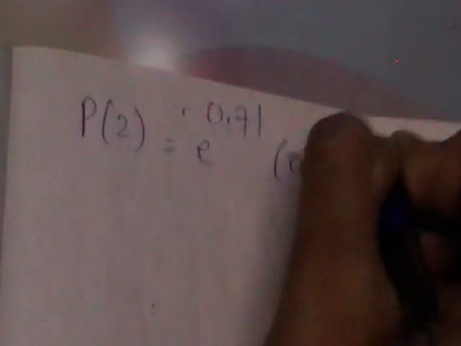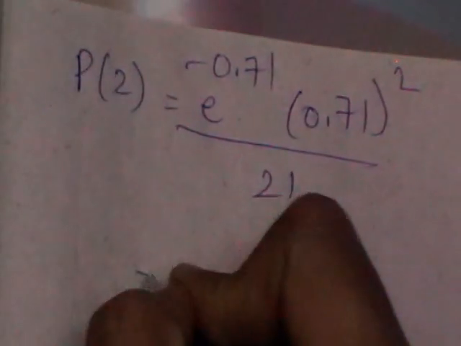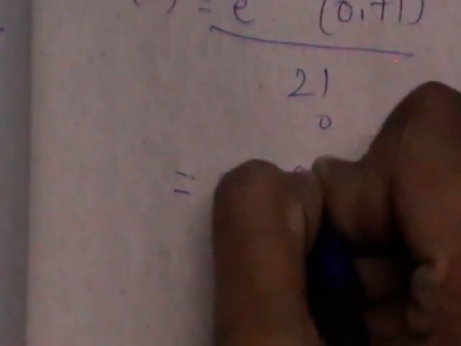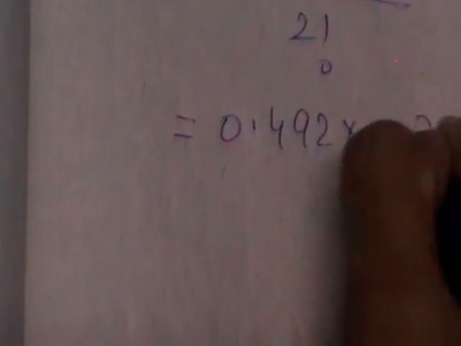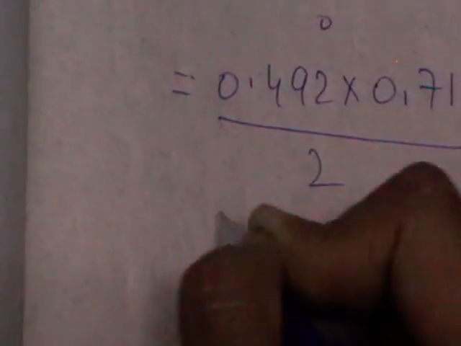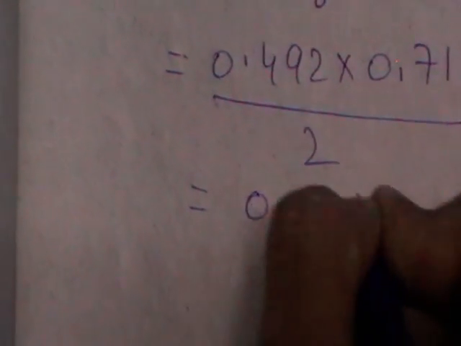Similarly, P of 2 is e power minus 0.71 into 0.71 whole square by 2 factorial, so 0.492 into 0.71 square by 2 factorial, which is 0.124.